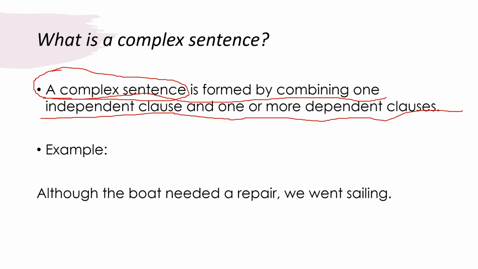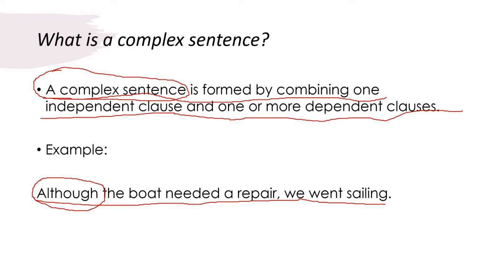Let's see an example. Although the boat needed a repair, we went sailing. If you look at this sentence, first of all, although is a subordinating conjunction, right? Yes. And then when you say although the boat needed a repair, until here, this is a dependent clause.